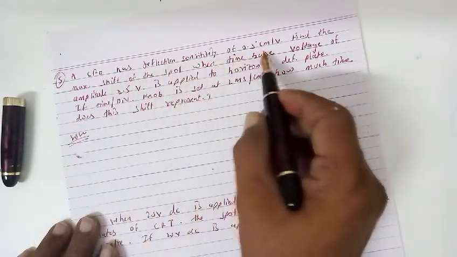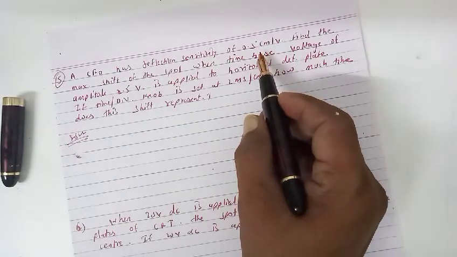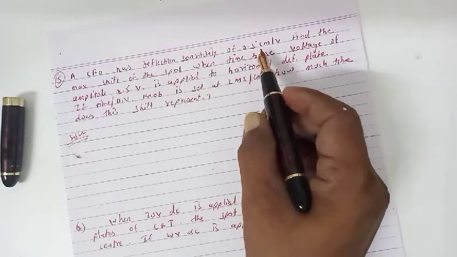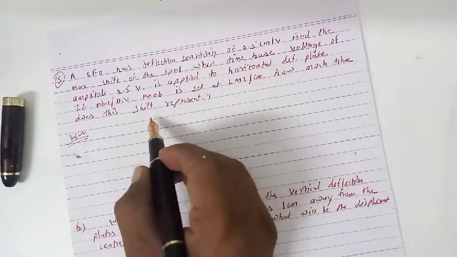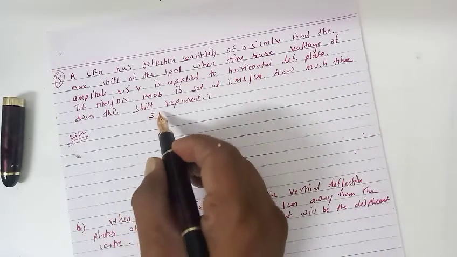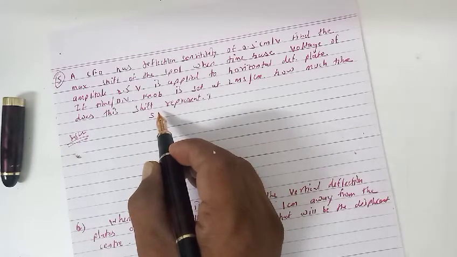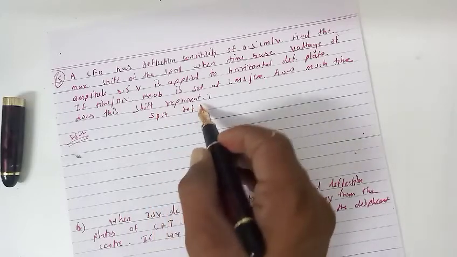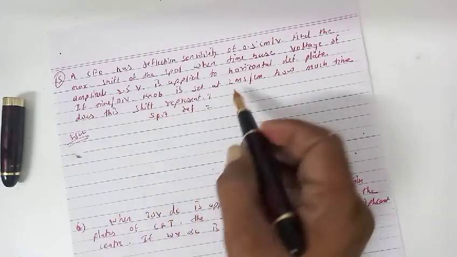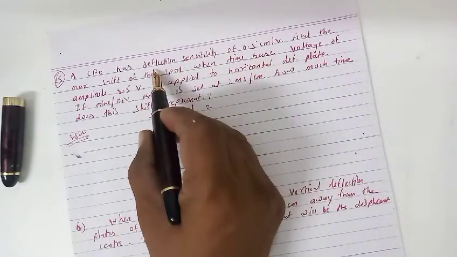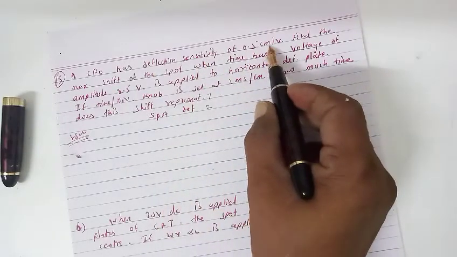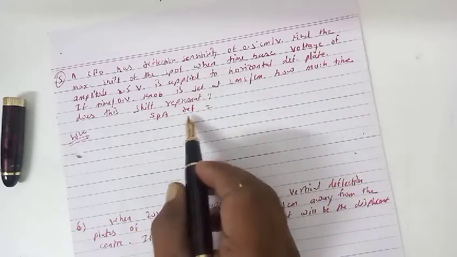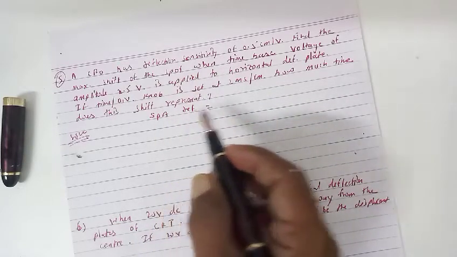So the CRO has a deflection sensitivity of 0.5 centimeter per volt. So what will be the spot deflection? Spot deflection is equal to the CRT deflection sensitivity, 0.5 centimeter per volt, and we are going to find the maximum shift of the spot.